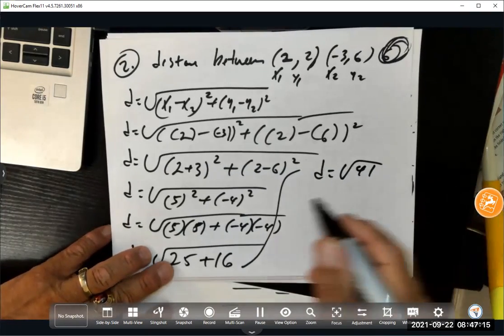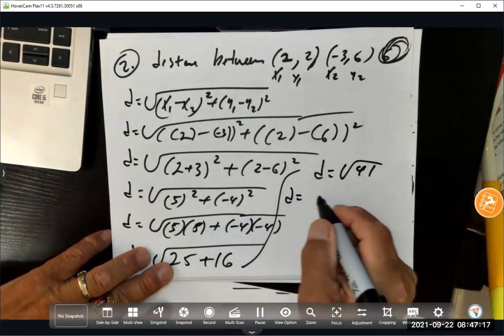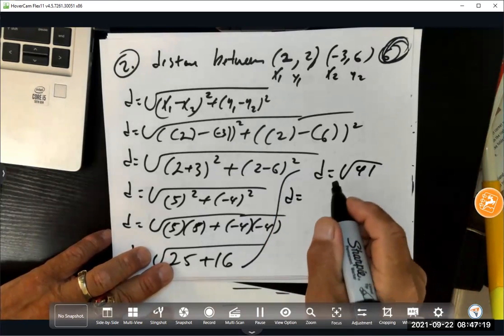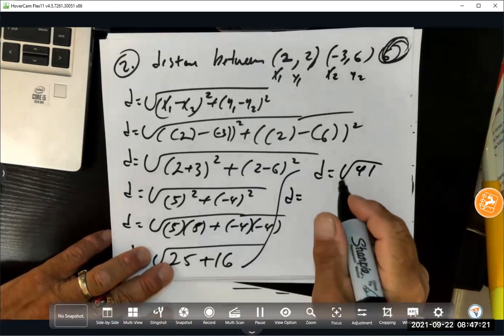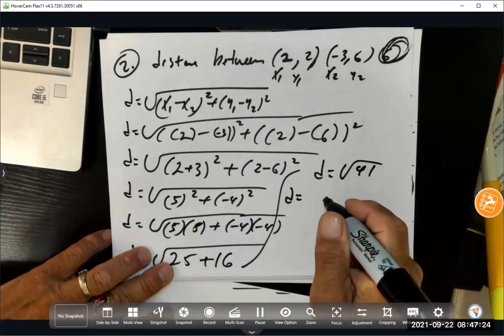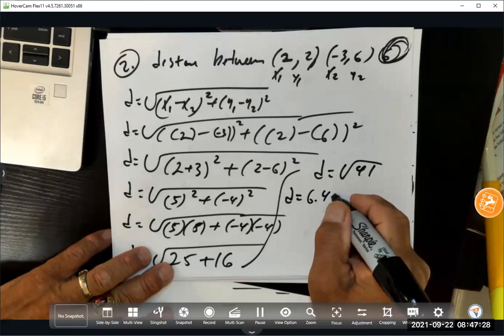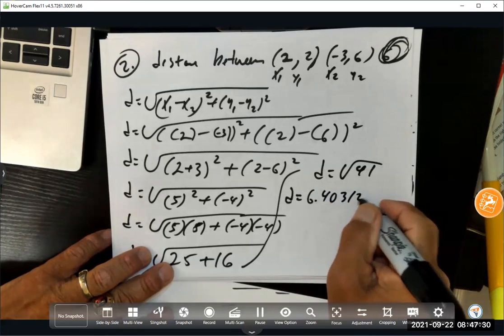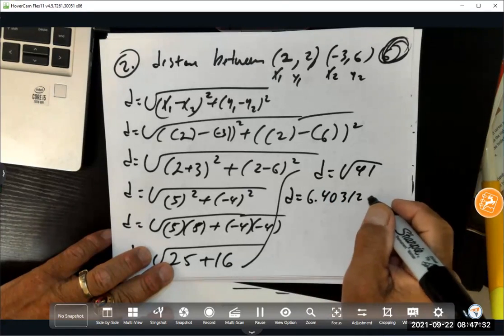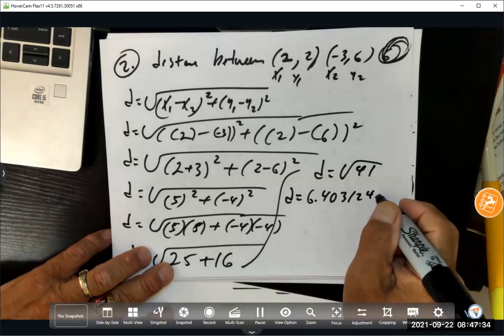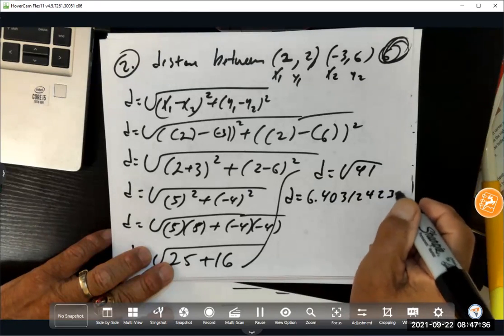Oh, it's an ugly number. If I do the square root on my calculator, it's going to be a long, long number, isn't it? Give me the numbers. Do the square root of 41 on the calculator. 6.4, what else? 0312, what else? 42374. Done.